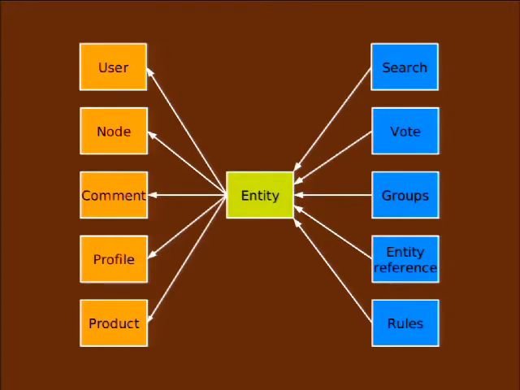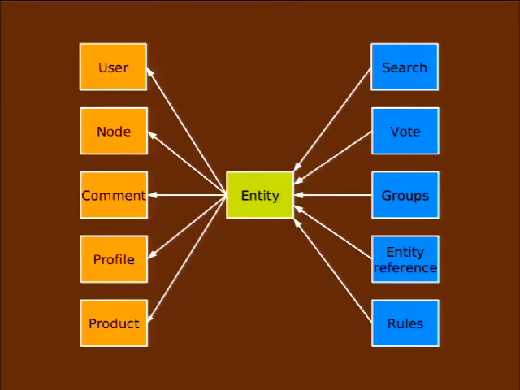So this slide shows the whole idea about the entity concept. On the right you see modules which implement, I would say, solutions for entities. So you have search functionality, voting, or group functionality like organic groups, or the entity reference module which can reference any kind of entity, or the rules module which also can deal with any entity.